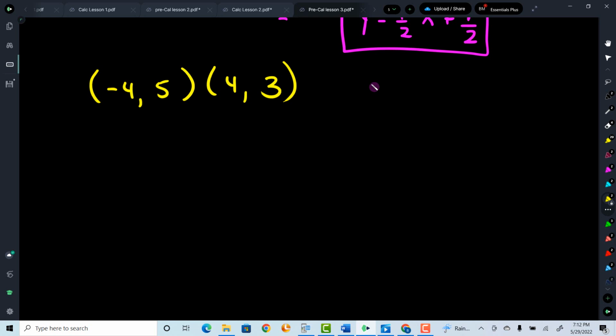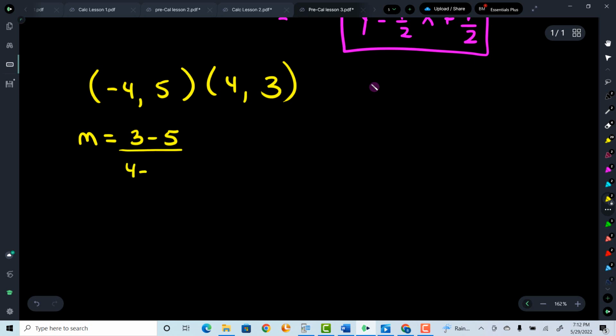What information do I need? Right? I either need a slope and a y-intercept. Do I have a slope? Well, I can figure out a slope. Slope equals (3 minus 5) over (4 minus -4). So that gives me -2 over 8, or -1/4.